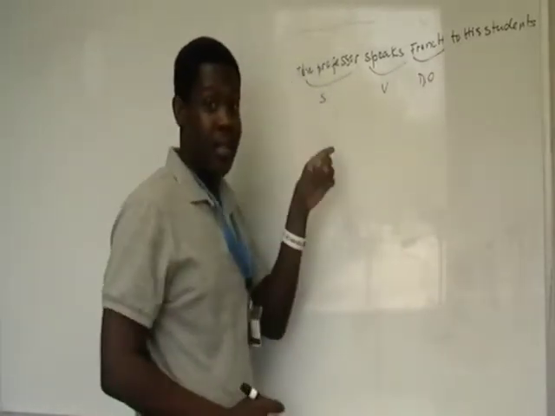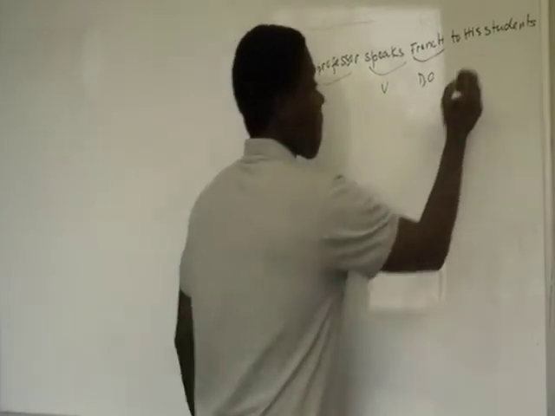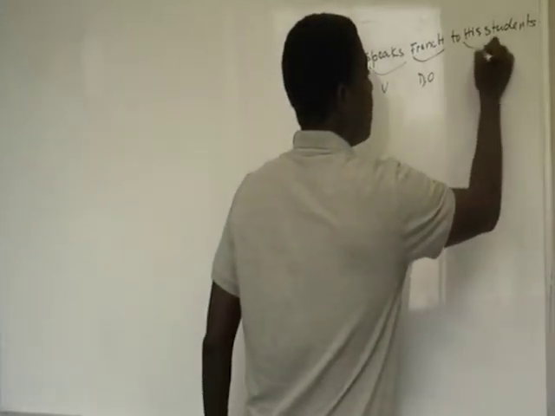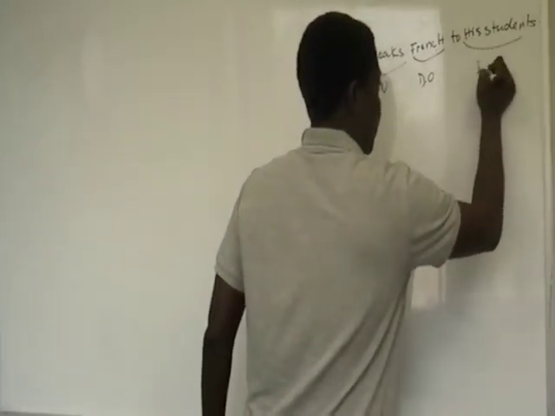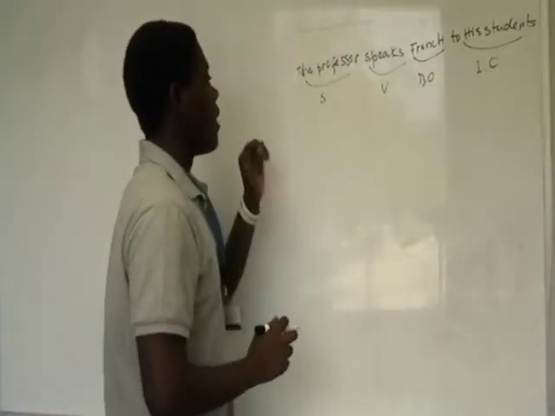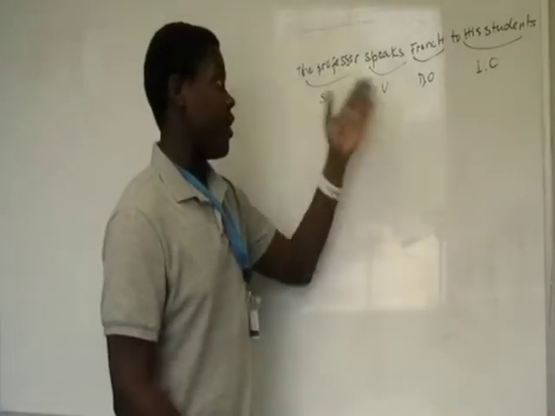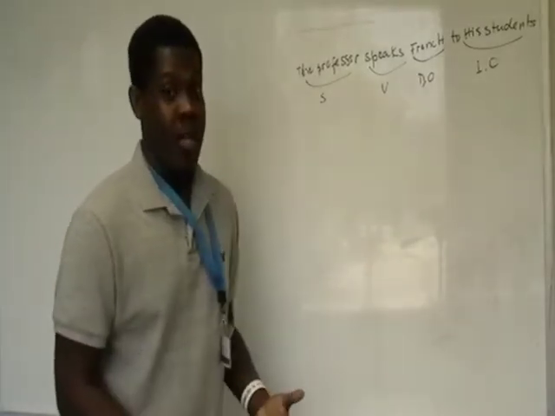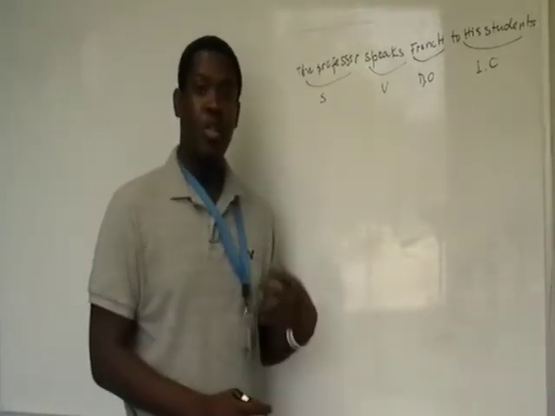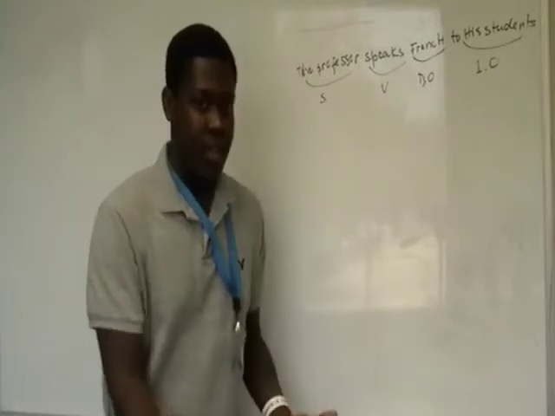We learned that in the other podcast, and this is our indirect object because it expresses to whom the action is being done. So basically your indirect object expresses to whom or for whom the action is done.